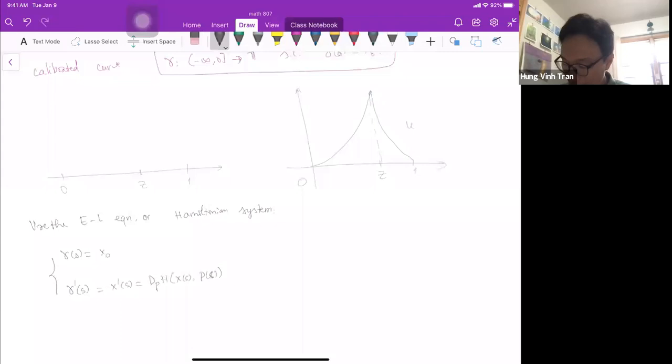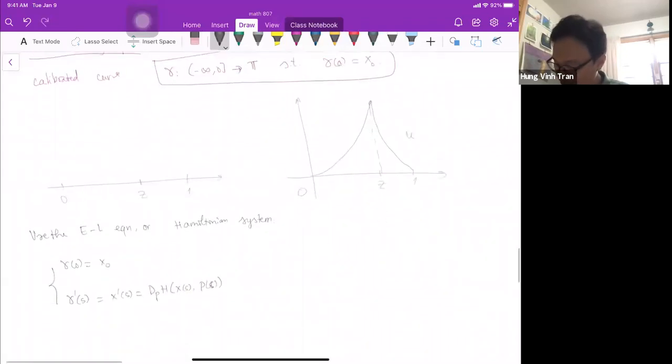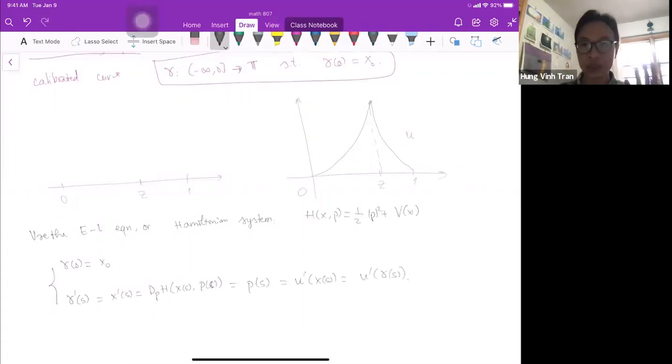Again the Hamiltonian is H of x, p equals 1/2 p squared plus v of x, so the derivative with respect to p is just p. So it's exactly p(s), and remember, p(s) is u prime of x(s), or u prime of gamma(s). So by using the Euler-Lagrange or the Hamiltonian system, I can write down the equations for my calibrated curve.